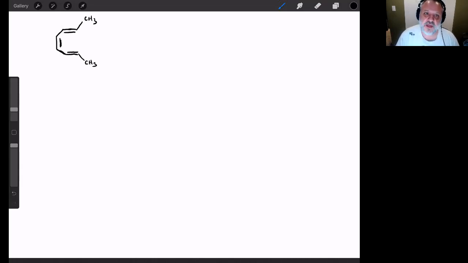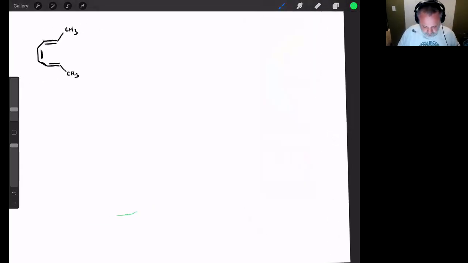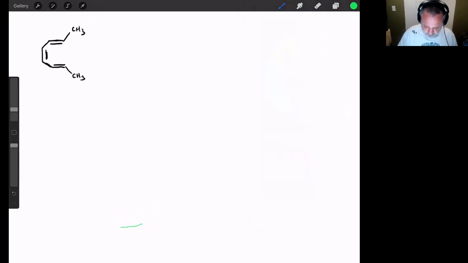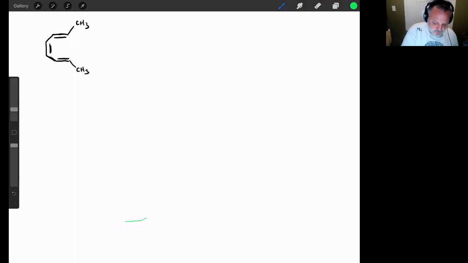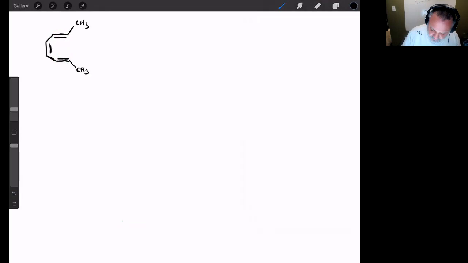That's a trigonal planar geometry. And so if it's a trigonal planar geometry and we force these double bonds to be in the same plane, then what we can say is that the CH3s either point away from each other, or the other possibility is that they point towards each other.